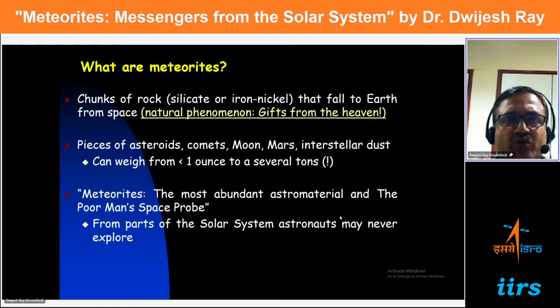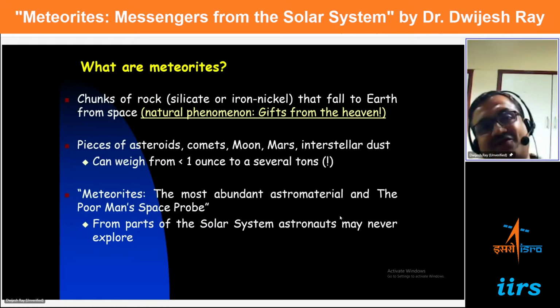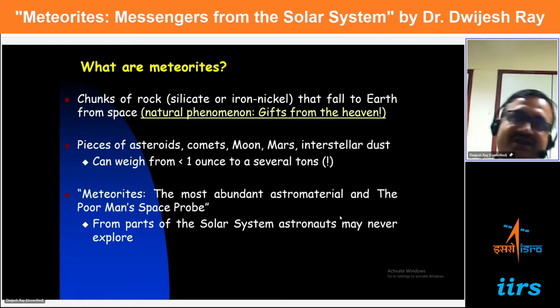It is the most abundant astro material because we don't have much comet sample. If we need to collect a comet sample, we need missions. But these are samples where you can feel or touch the material. It is also called the poor man's space probe because planetary missions involve a lot of expense, but meteorites can come from any celestial object.